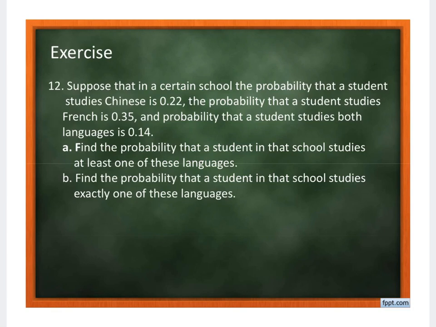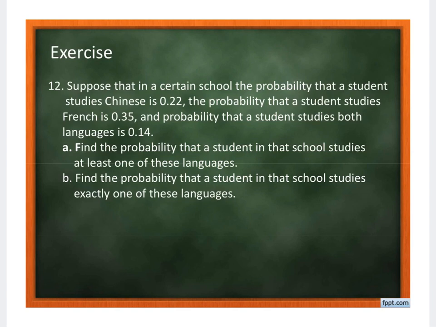Suppose that in a certain school, the probability that students study Chinese is 0.22, the probability that students study French is 0.35, and the probability that students study both languages is 0.14. A. Find the probability that a student in that school studies at least one of these languages. B. Find the probability that a student studies exactly one of these languages.